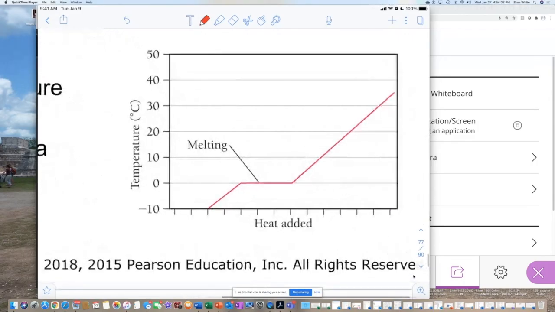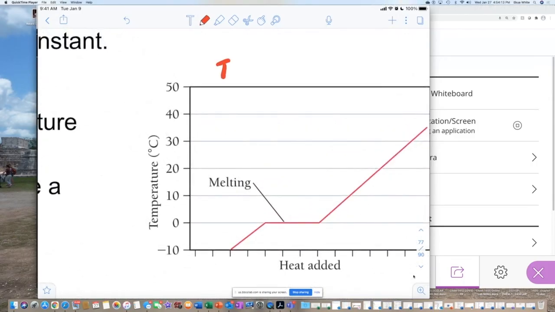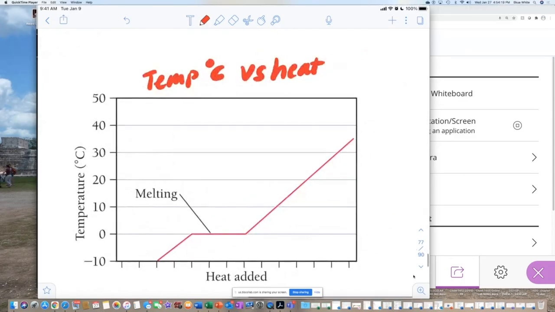In this graph, you have y-axis temperature in degrees Celsius versus heat that's going to be added. And what you're trying to do is add heat to the compound, the chemical in general, and then watch what's happening to the temperature. You're measuring the temperature, right?